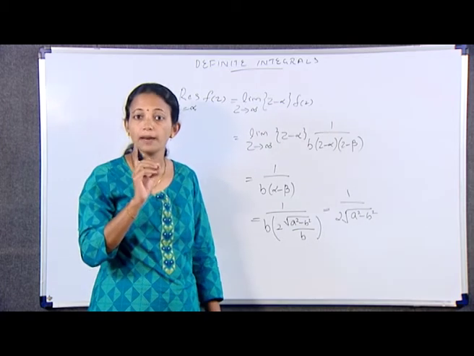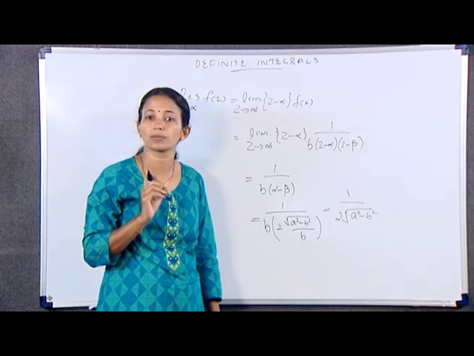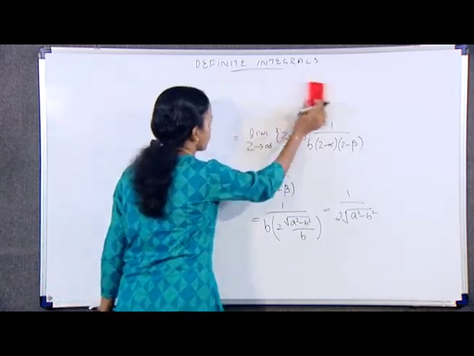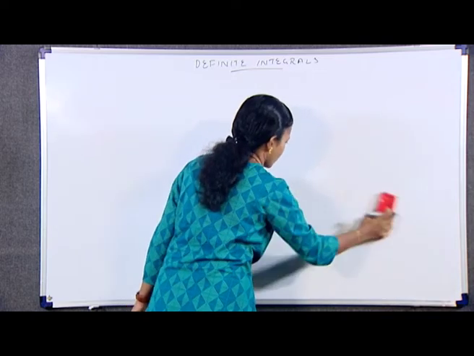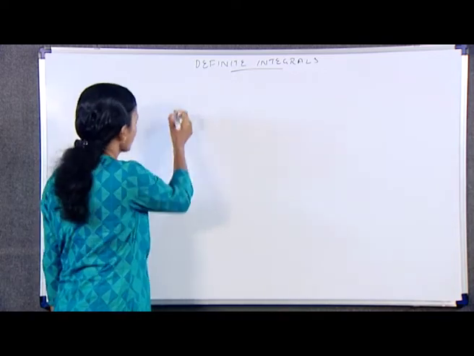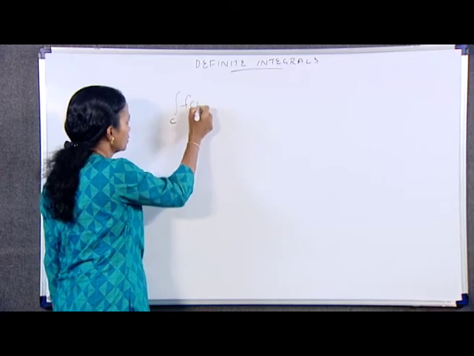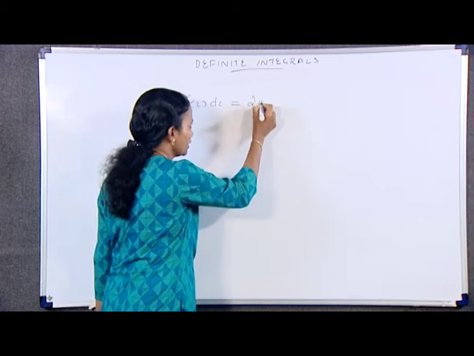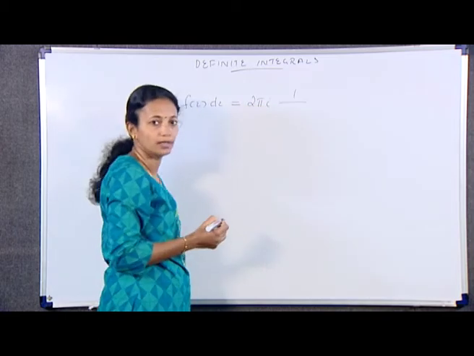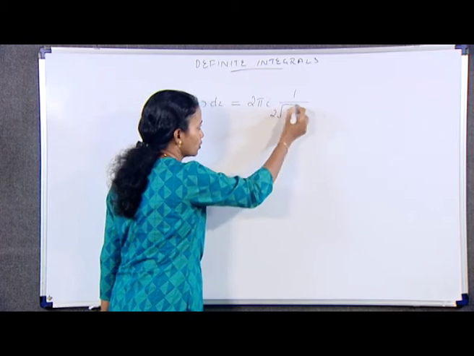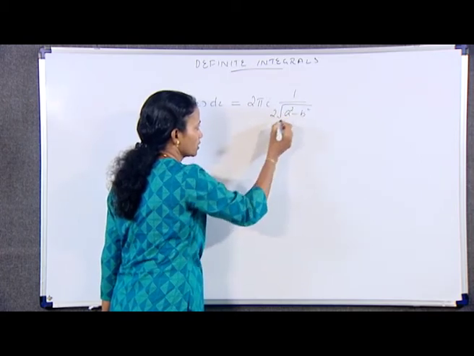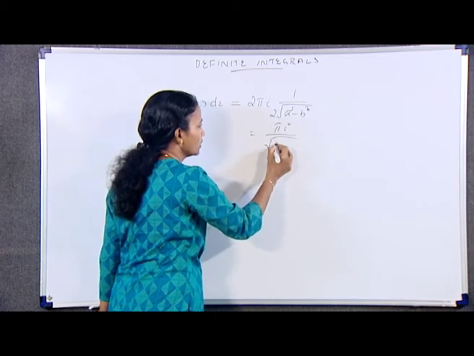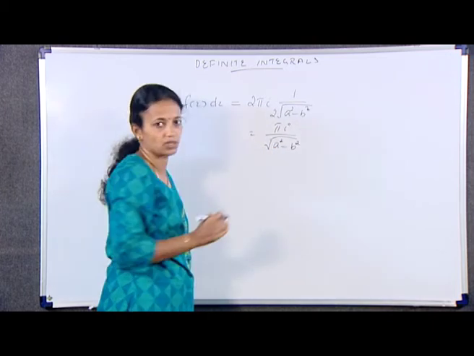So, it is equal to pi i by square root of a square minus b square, that is, integral over c of f(z) dz, which is equal to 2 pi i into 1 by 2 square root of a square minus b square. It is equal to pi i by square root of a square minus b square.